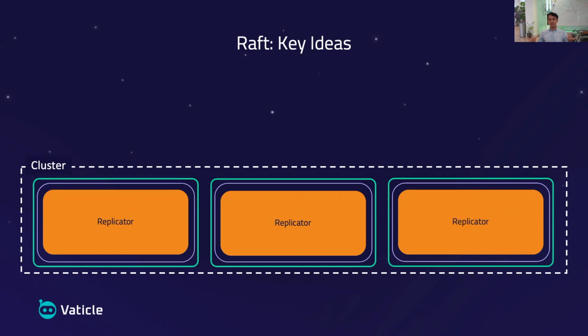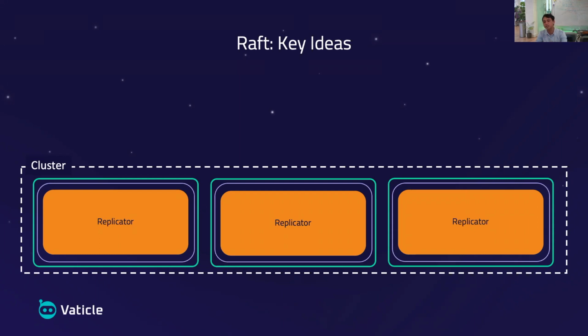So Raft achieves this despite the fact that the network may fail and the servers may also fail, right? By the use of two key steps. The first step allows Raft to designate one replicator, and exactly one replicator, to be the leader replicator.